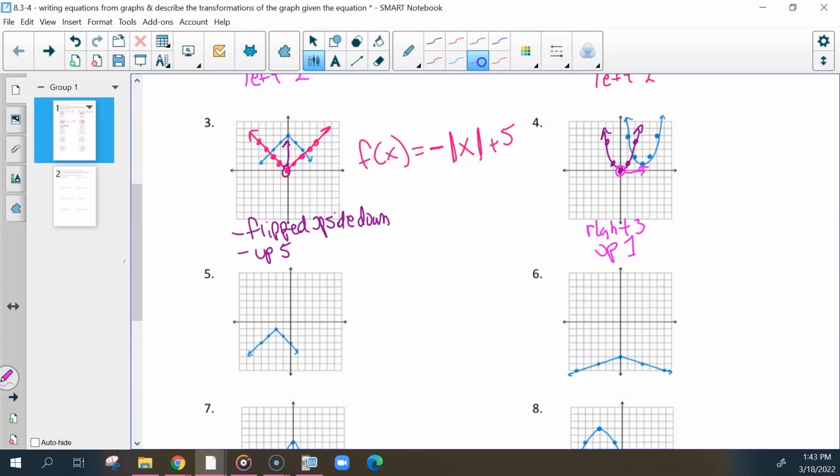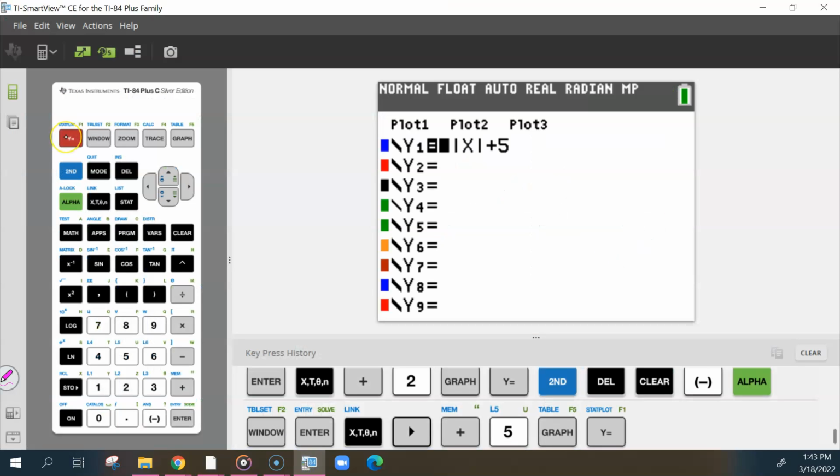Up is going to be vertical, so that's outside. So that's going to be f of x equals, in parentheses, x minus 3, because we're doing the opposite, and then plus 1. I could also look at my vertex, which is 3, 1. So the 1 would be positive and the 3 would be negative in my equation. And I could go in my graph and plot those points, or put this in my calculator.